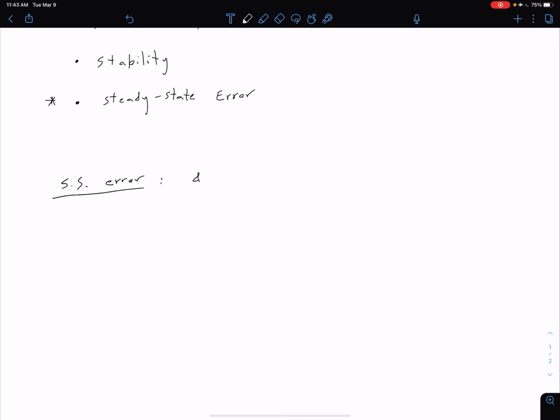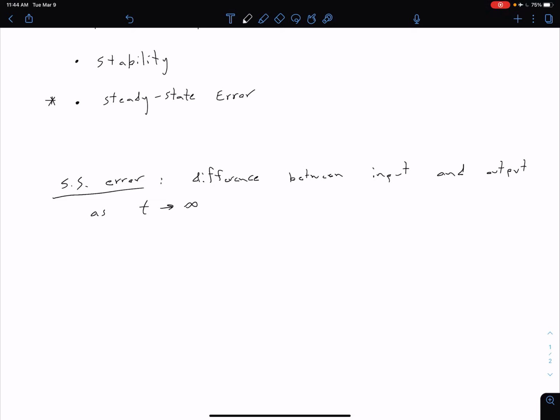And so what our steady state error is, it's just going to be the difference between our input and our output as t is going towards infinity.